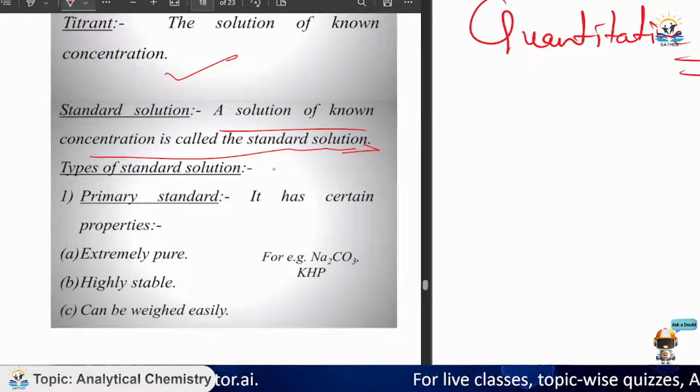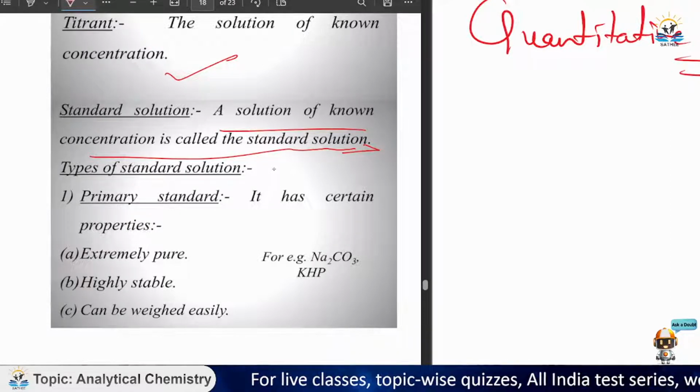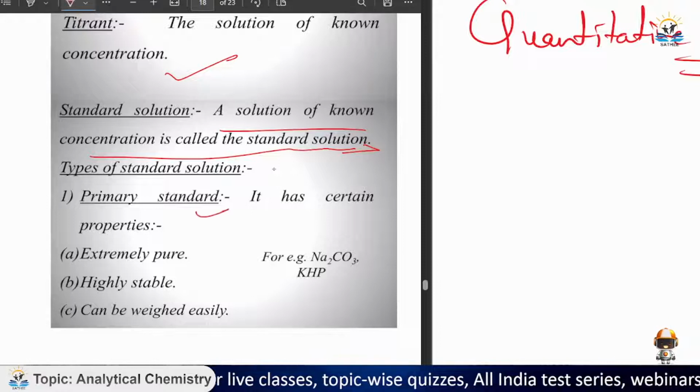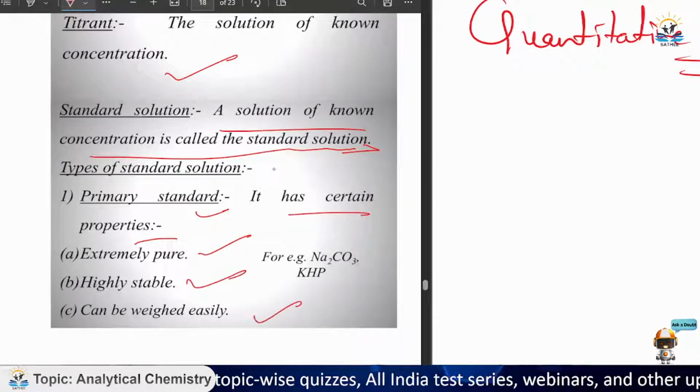As you may also notice, a secondary solution will not have a known concentration. Now, types of standard solution. Primary standard solid has certain properties: extremely pure, highly stable, and can be weighed easily.